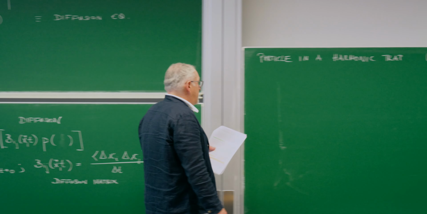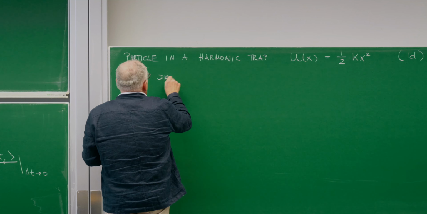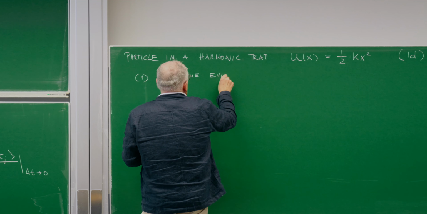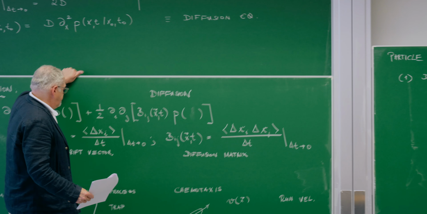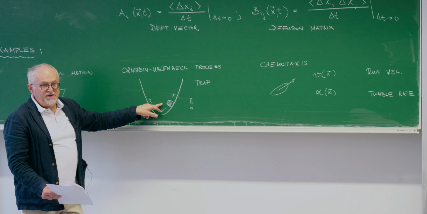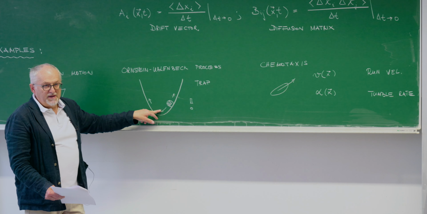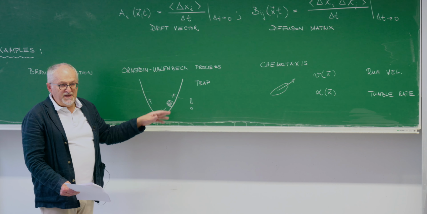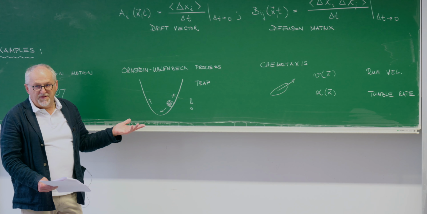I'll do this differently now. I will first look at the deterministic time evolution. What would that be? You have this trap. Here there's a particle suspended in a fluid. There's a force coming from the harmonic trap. That's a linear force because you have a harmonic trap. And this linear force will be balanced by friction effects in the solution.